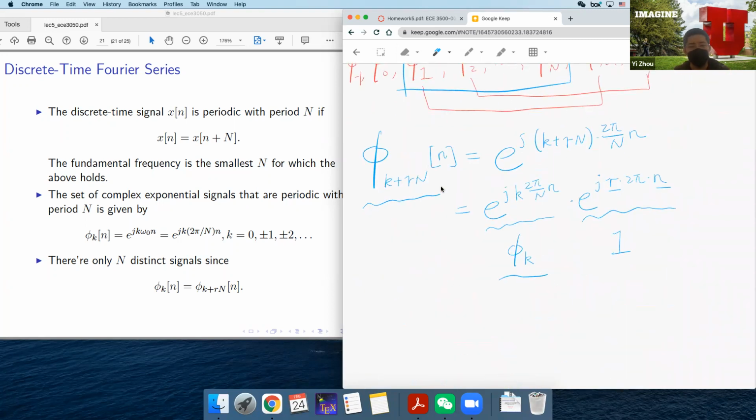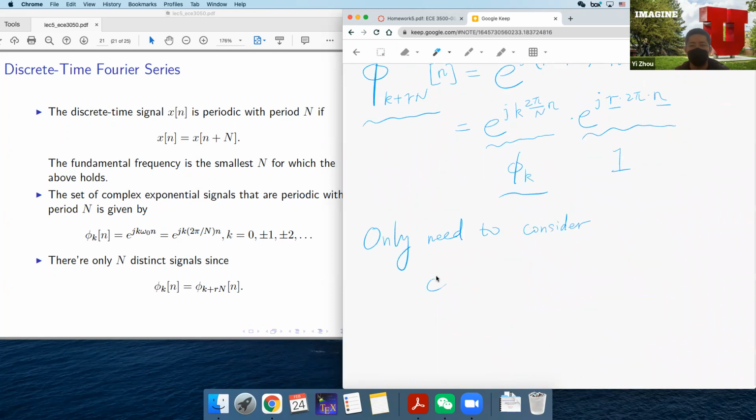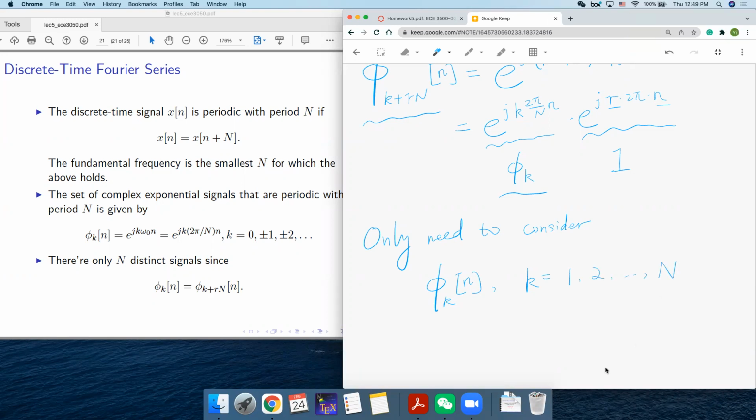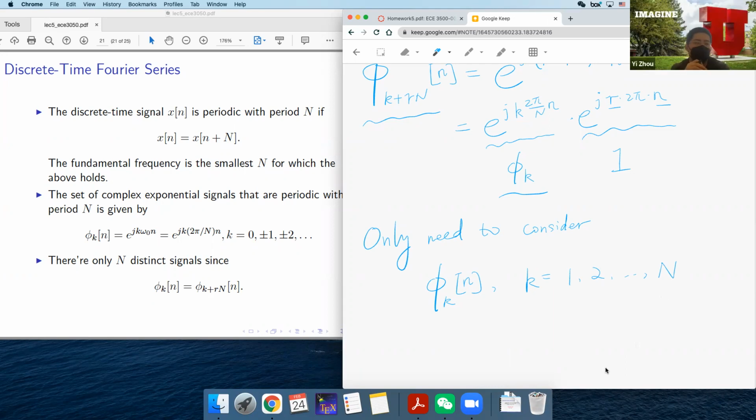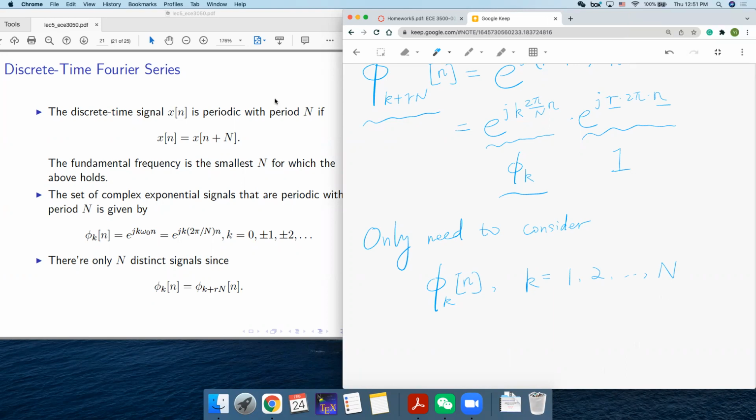But with this periodic structure, we only need to consider phi_k[n], where k is 1, 2, up to capital N. We only need to consider this finite number of bases, because any of the other bases will be equivalent to one of the bases here. Okay, that makes sense. Thank you. Yeah.